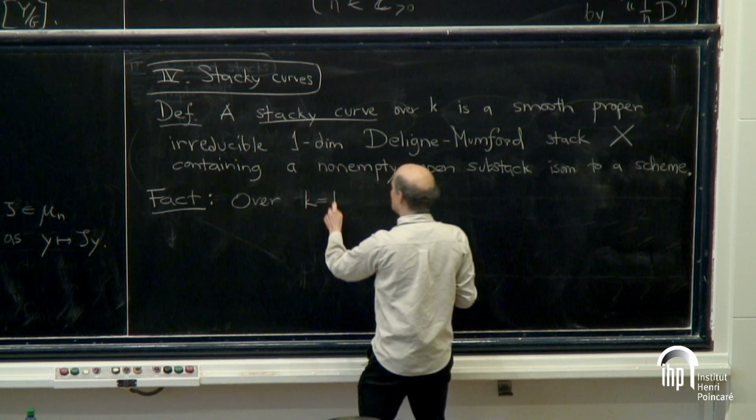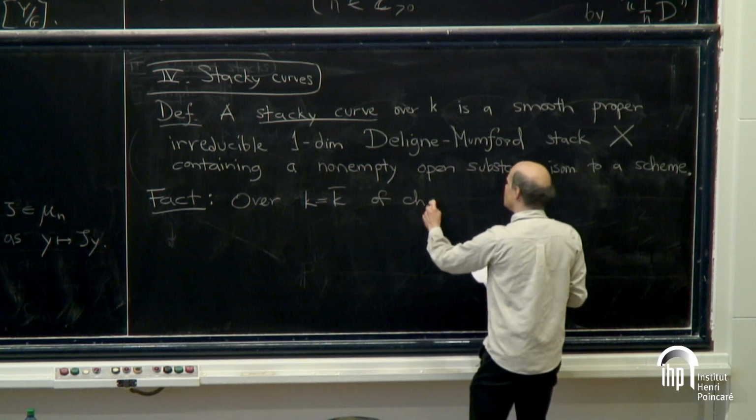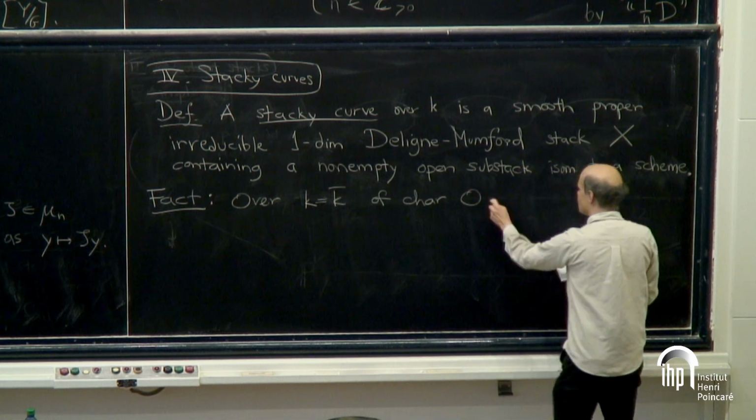At least over an algebraically closed field of characteristic 0, you can describe them as follows.